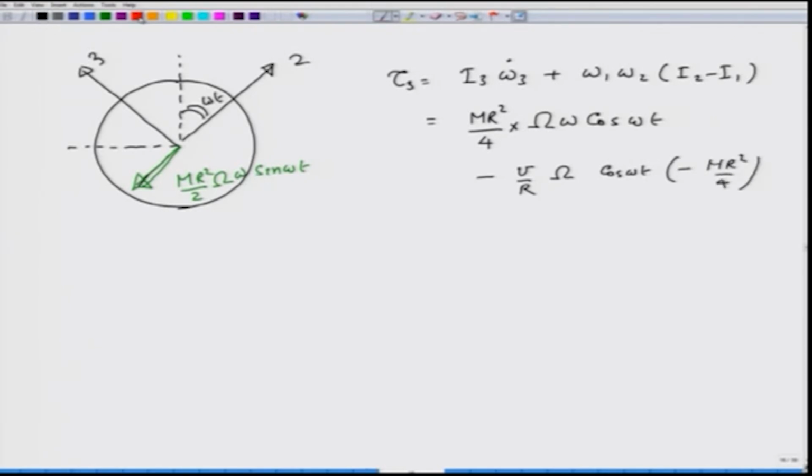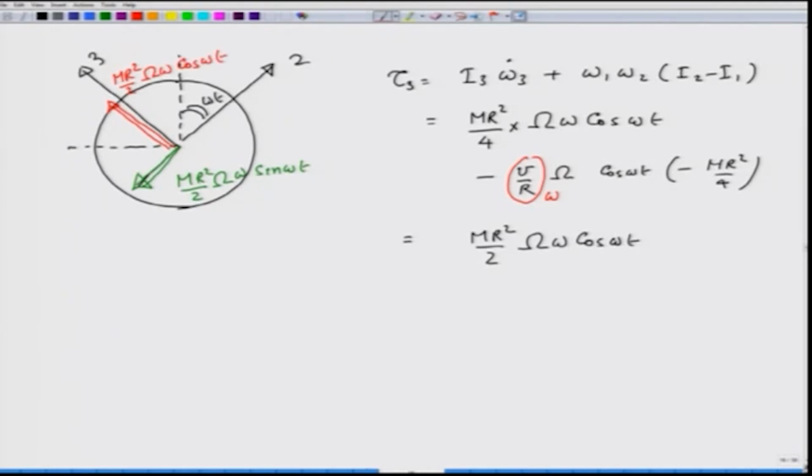With v over r equal to omega, we get this again to be equal to m r square over 2 capital omega omega cosine of omega t. So, towards 3 I have m r square over 2 capital omega omega cosine of omega t.